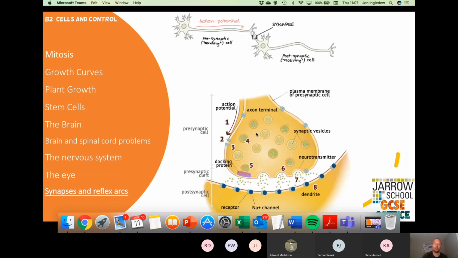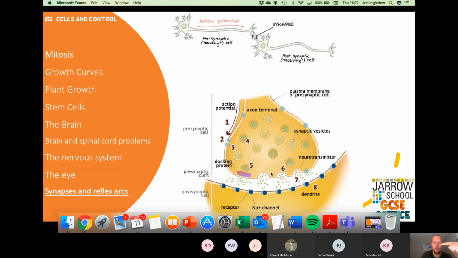Right, this is an A-level complicated diagram. I'm just showing you, if you do A-level biology, this is the sort of stuff that you're going to need to learn. The only thing I want to point out here is, the nerve impulse reaches the axon terminal.